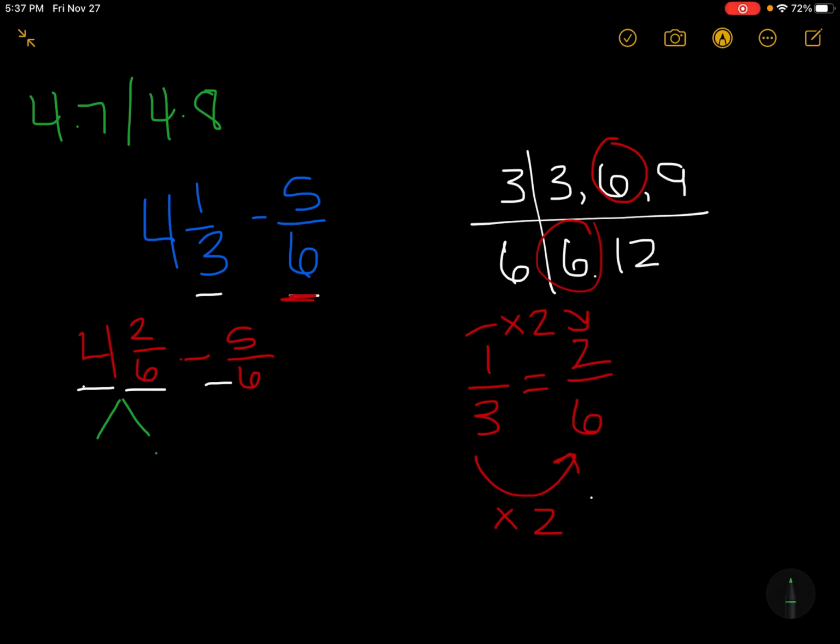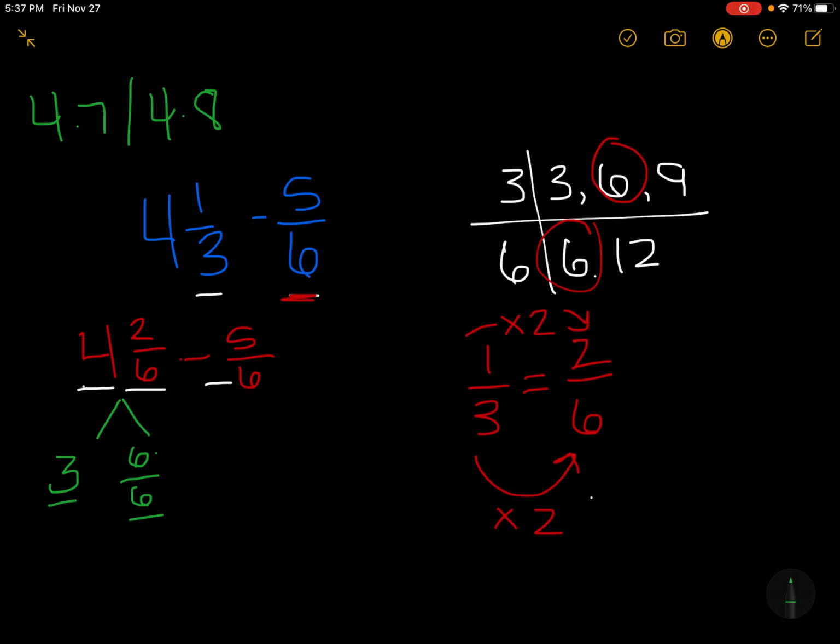So I know that 4 can be represented as 3, and since our denominator is 6, a whole would be 6 over 6. So that would be 3 plus 6 over 6, which equals 1, does indeed equal 4 wholes.